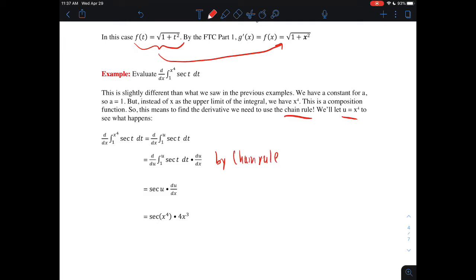Then by the fundamental theorem of calculus part 1, the derivative of this integral just becomes secant of u, and then I have to now multiply by the derivative of u with respect to x. Secant of u is the same thing as secant of x to the fourth, just replacing u with x to the fourth again. But then the derivative of u with respect to x, that would be 4 times x to the third. And this becomes our answer.